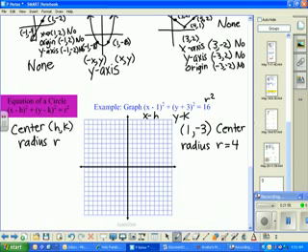So going over to my graph, I'm going to do 1, 1, 2, 1, negative 3. That's my center. And the radius is 4, so 1, 2, 3, 4. Going off an angle here, it's very difficult to do. So I usually just go from that center up 4 and then go straight across in the horizontal and vertical directions.